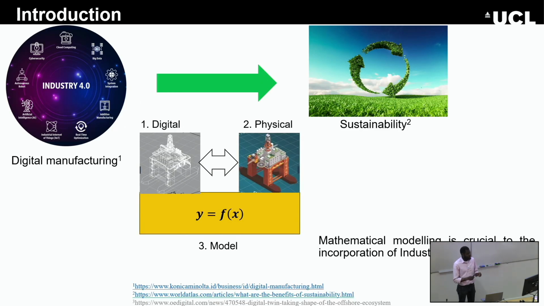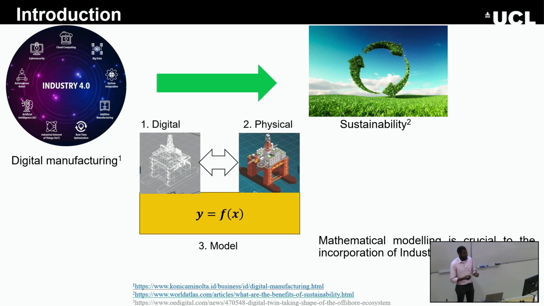Our goal is sustainable chemical engineering, and we want to use the available Industry 4.0 technologies that we have, including artificial intelligence, robotics, cloud-based technologies, as well as real-time optimization.